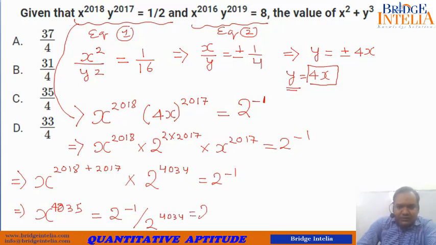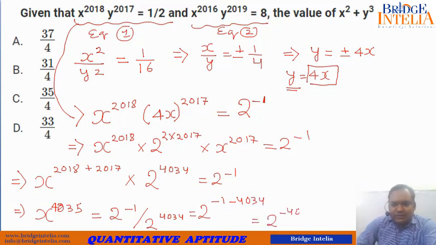So this is actually 2 to the power minus 1 minus 4034, which is equal to 2 to the power minus 4035. So what can you notice? You can immediately notice that x to the power 4035 is equal to 2 to the power minus 4035.